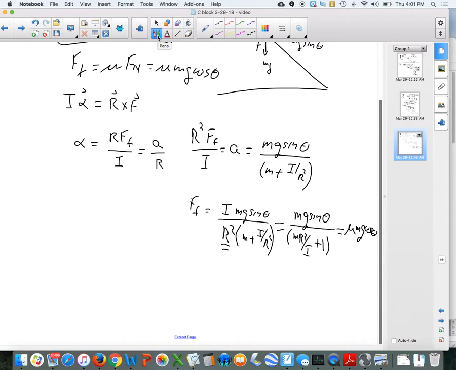So with a little bit of effort, this mg and that mg will cancel out, and I'm left with tangent theta over 1 plus m r squared over I is equal to mu.